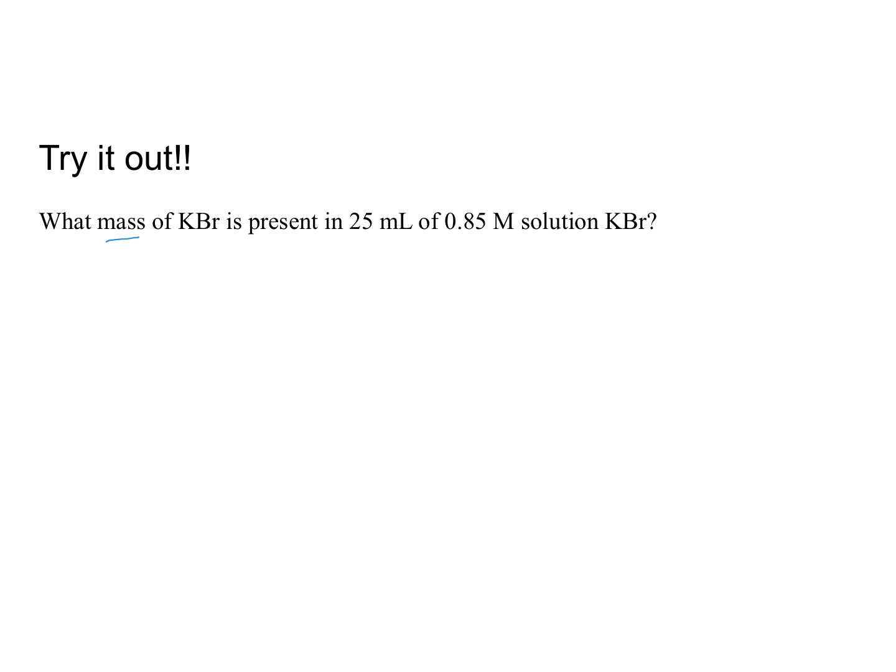So our main formula is molarity equals moles divided by liters. In order to get grams, though, I need to go through the mole. So the formula I'm going to use here is moles equals molarity times liters. I'm going to do this one a little bit quicker.